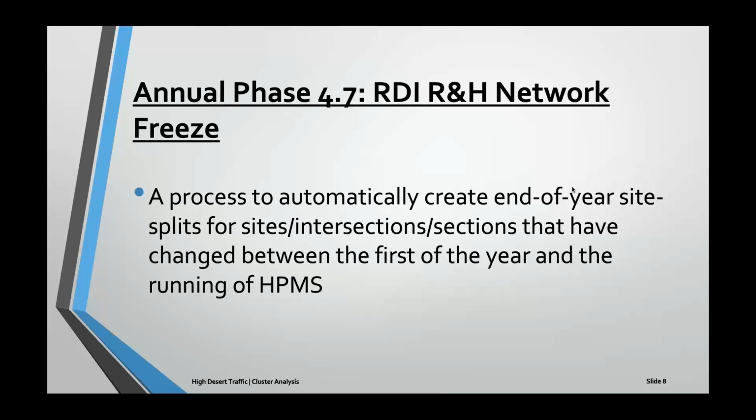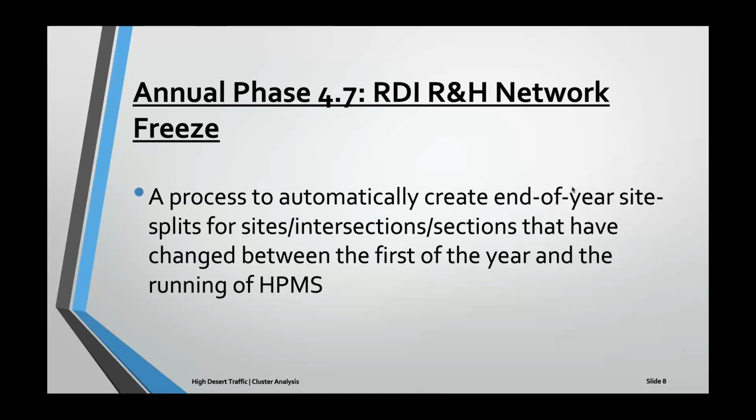At the end of a traffic year, you will continue to make site changes to your network over the year, but come June, that HPMS report is supposed to reflect the network as of before the first of the year, right? I hope I'm making sense. So out here in April, someone's making changes to the number of lanes or the functional class of your sections. That's great for the next year, but you don't want that change influencing your HPMS submittal for the prior year. I hope that's making sense.